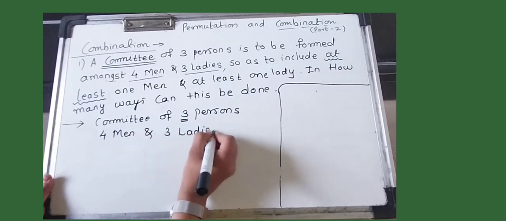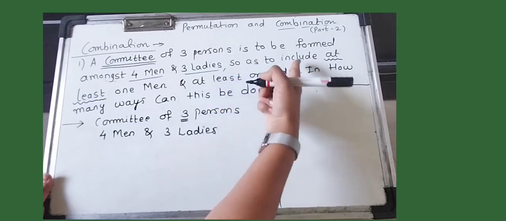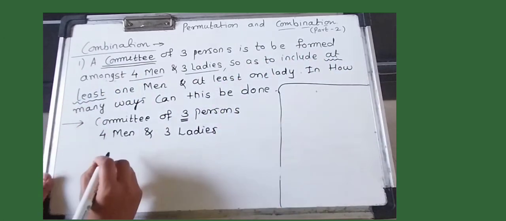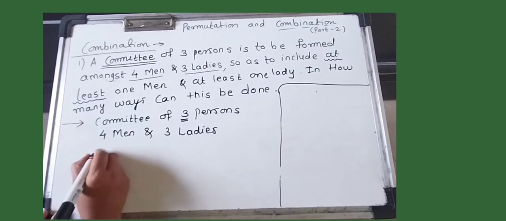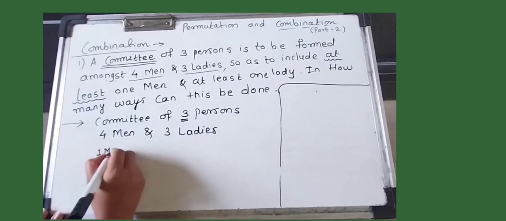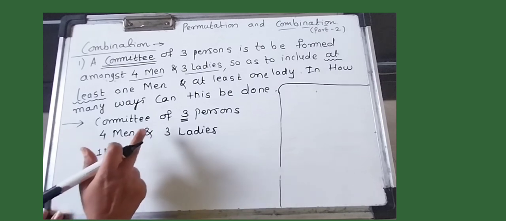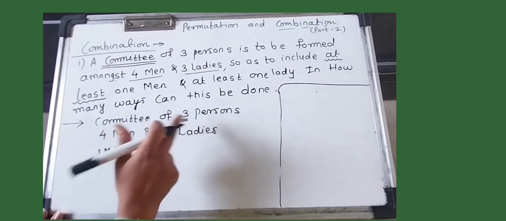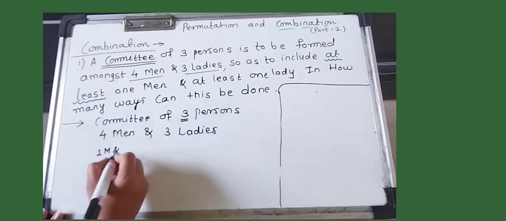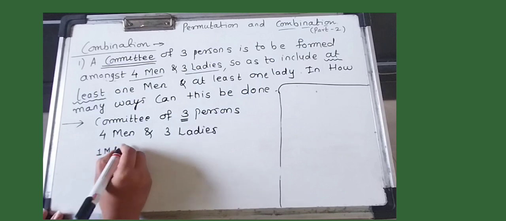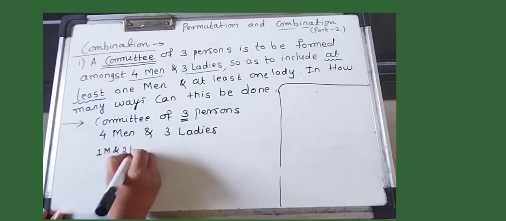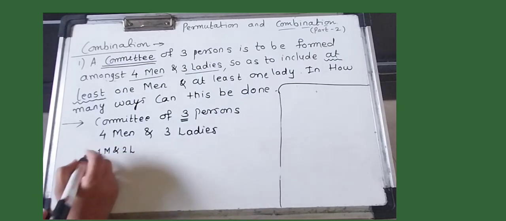What is the condition? It should include at least 1 man. But we have to find a 3 persons committee. So I took at least 1 man, and I took the other 2 from ladies. 1 man and 2 ladies.